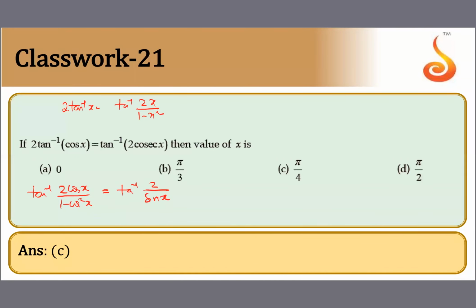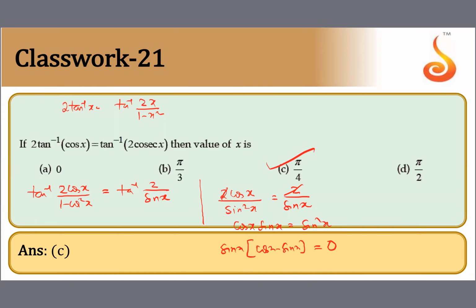This will give you 2 cos x by sin square x equal to 2 by sin x. 2 and 2 will cancel. You get cos x sin x is equal to sin square x. Sin x common, we get cos x minus sin x is equal to 0, so x is pi by 4.